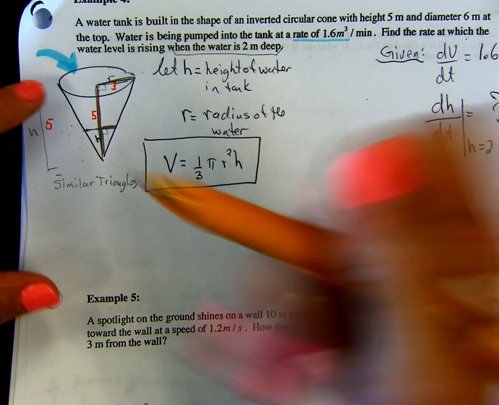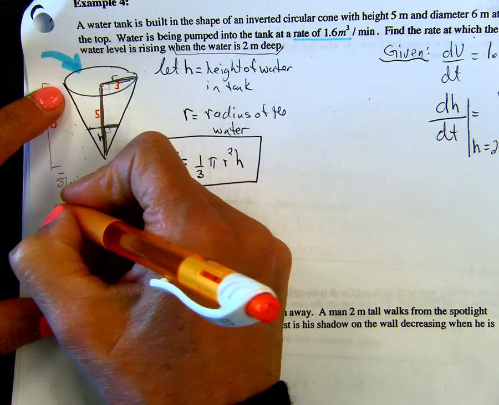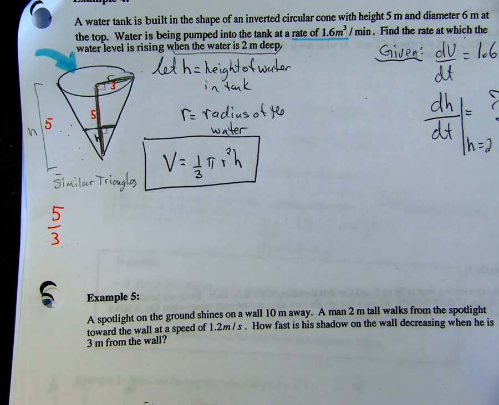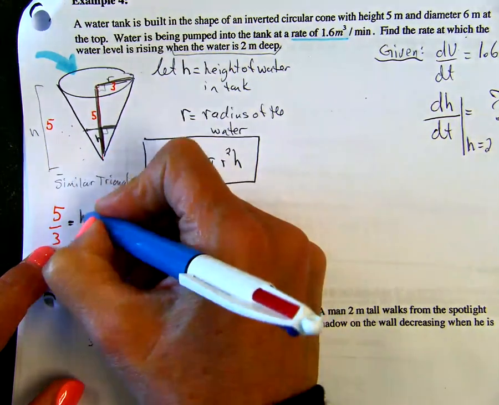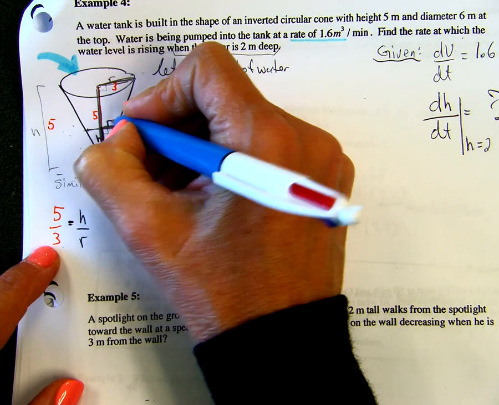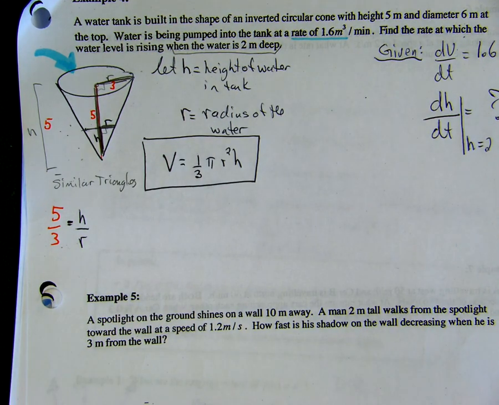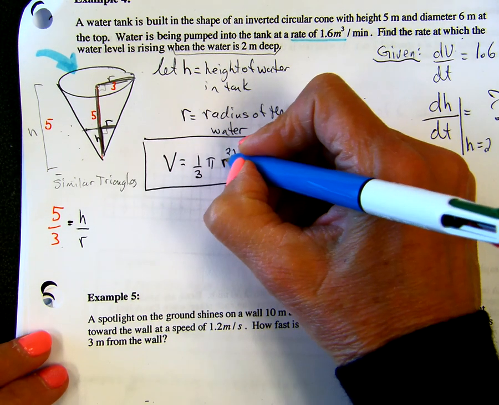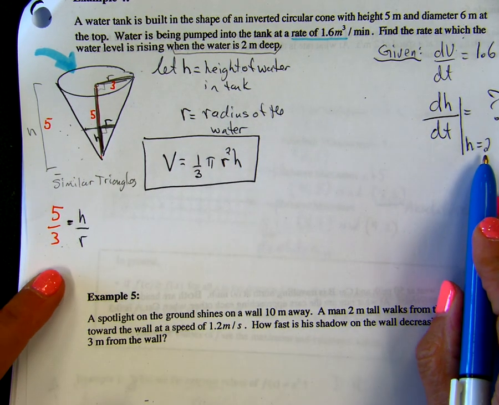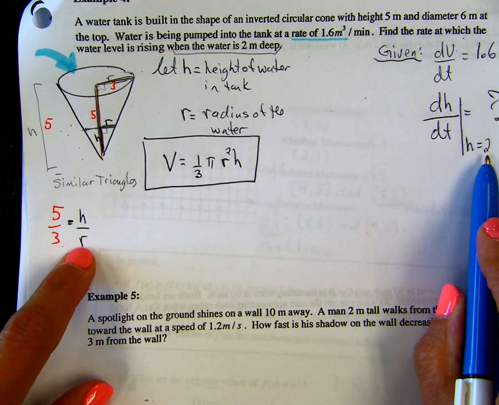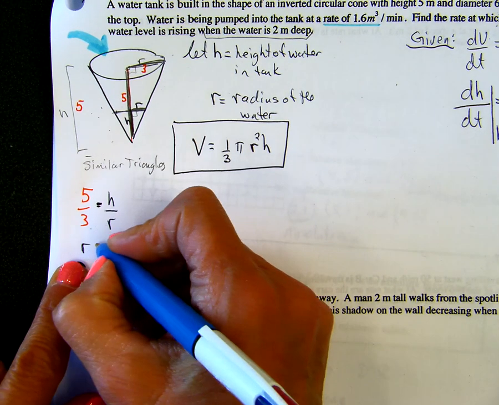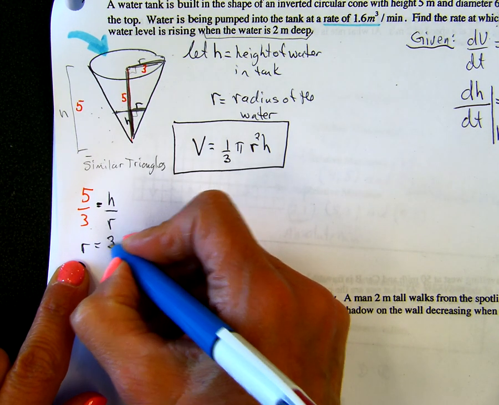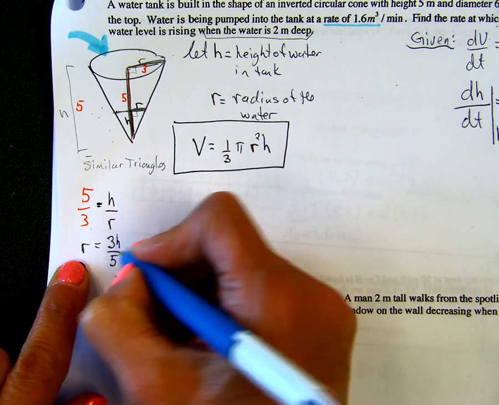So 5 is to 3 what h is to r. So take this and solve it for the variable that you don't want to be working with. So solve this for r so that you can substitute. That is, r is equal to 3h over 5.